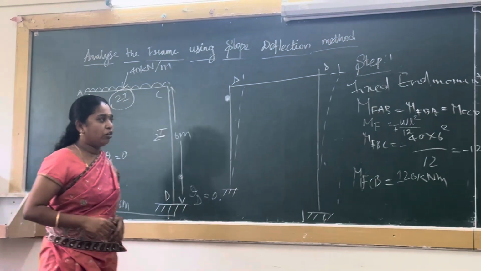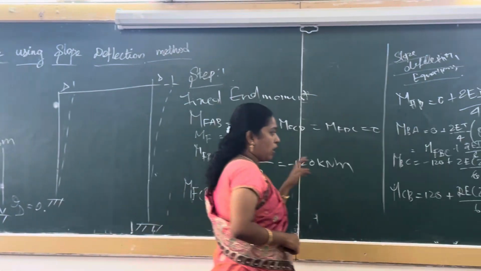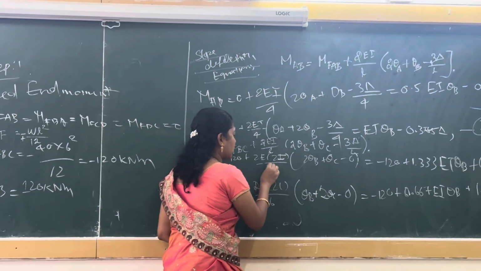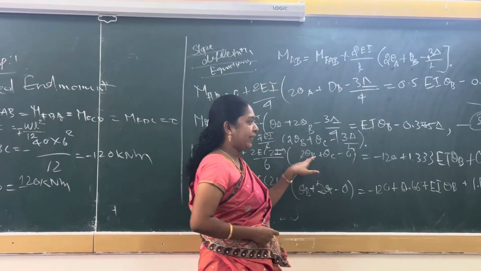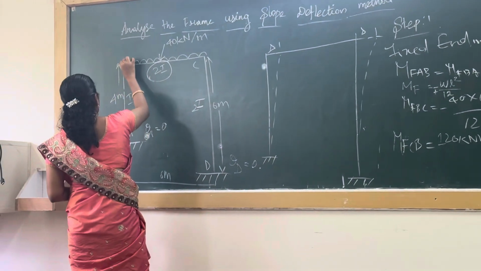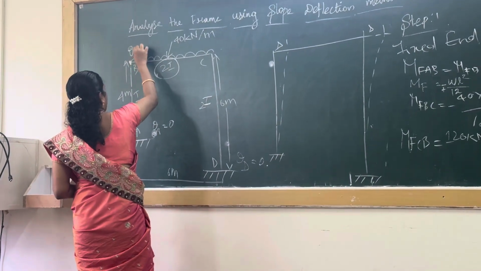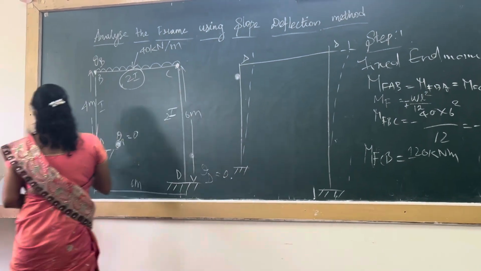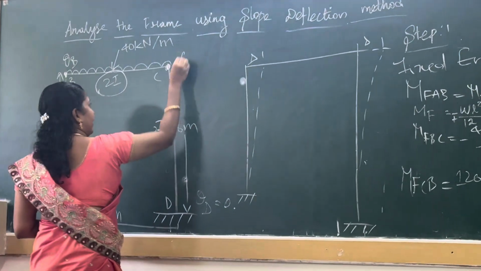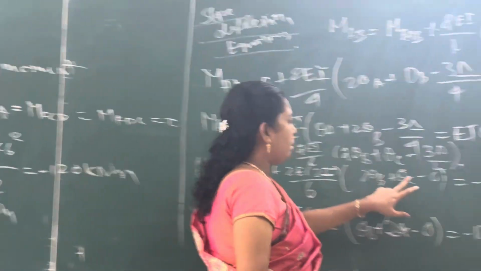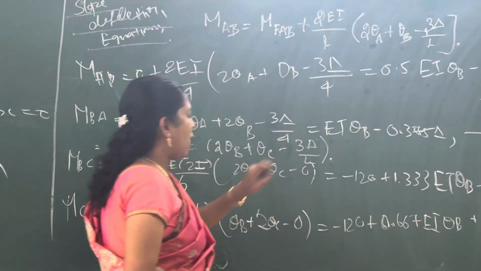We need to remember that I value as 2I, and L here is 6, plus 2 theta B. Theta B is at a hinged support, so we are having the rotation here, and it is also a hinged support, so we are having the rotation at theta C. So we are substituting these two values also, minus 3 del by L.